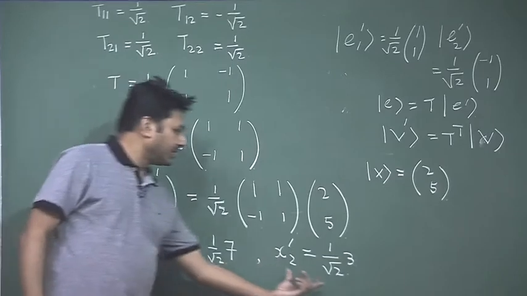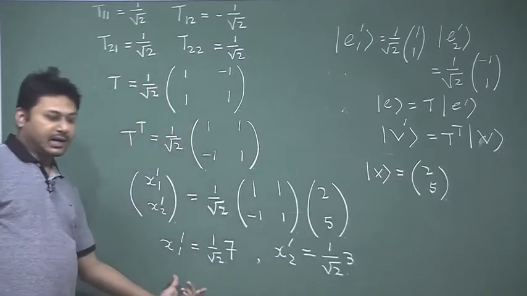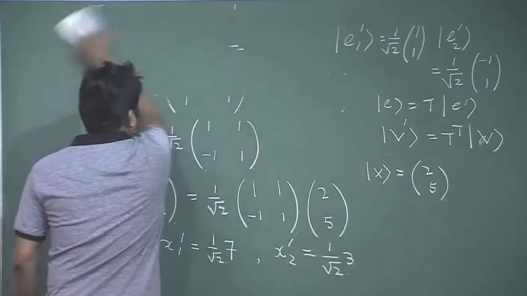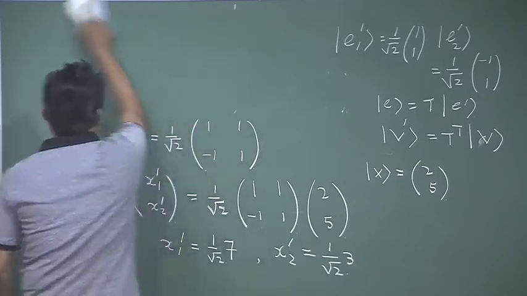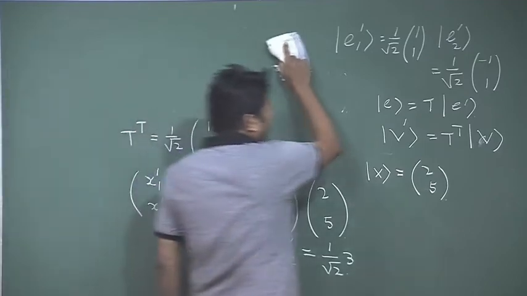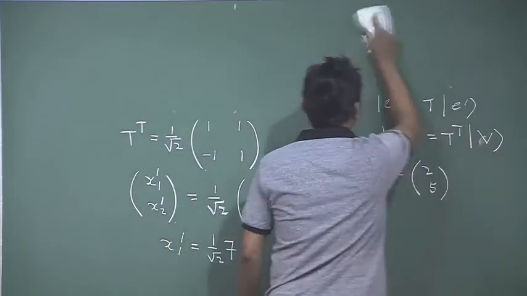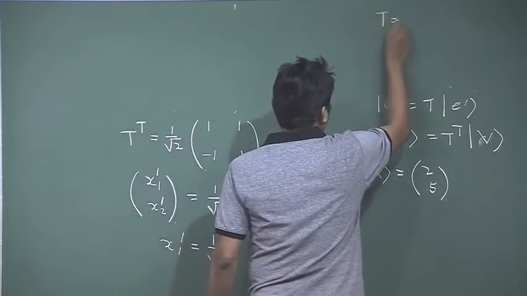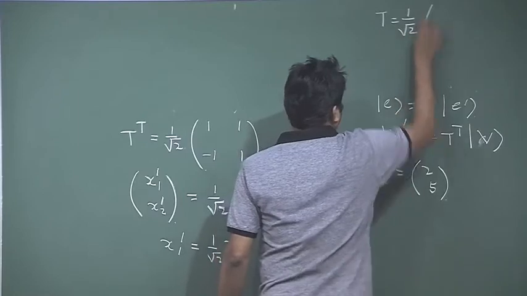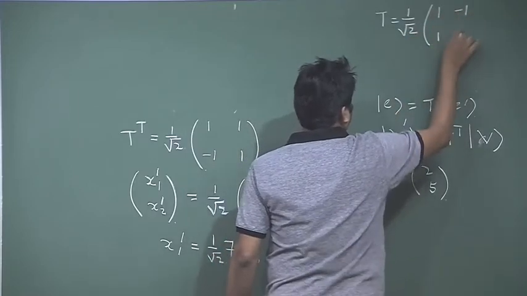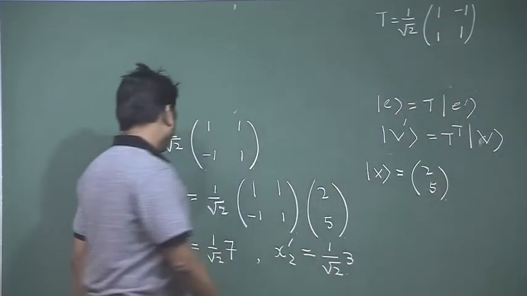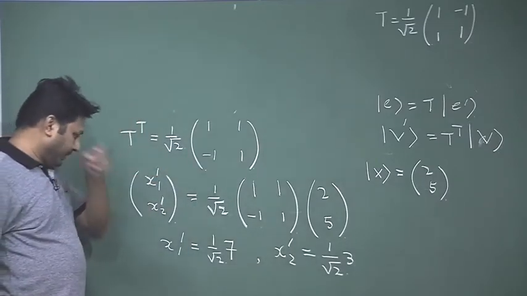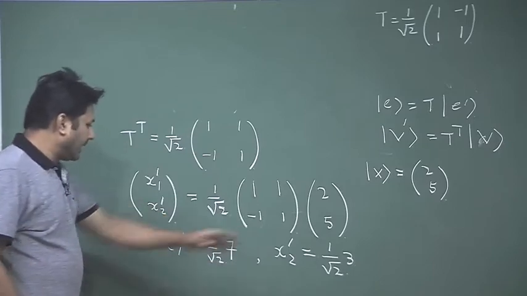So two components are coming out like this by this treatment. So now how does this look? Let me write the T matrix here somewhere, because I may be required to use that later. So my T matrix was 1 by root 2, 1 minus 1 1 1. This is the transpose of that matrix, so that is why the minus sign is coming here anyway. So I got the components.